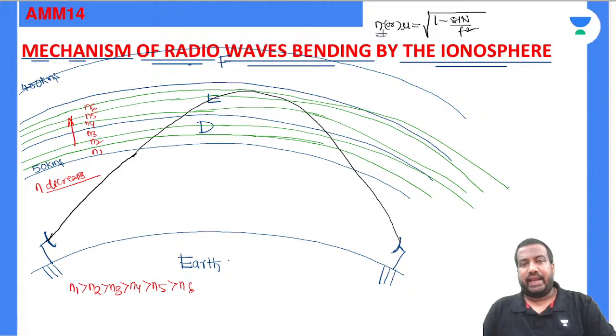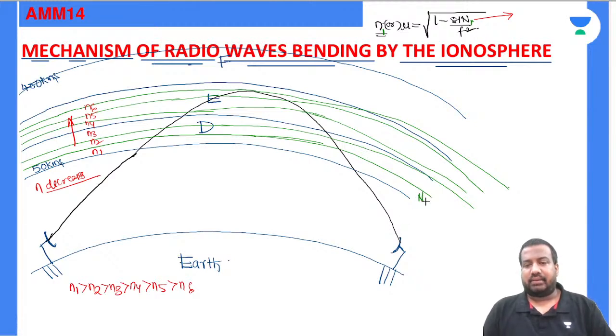Now, N is decreasing. It means what? What is happening to the ionic density? The ionic density is given by capital N. For this N1, the ionic density is capital N1. For N2, capital N2, and so on.